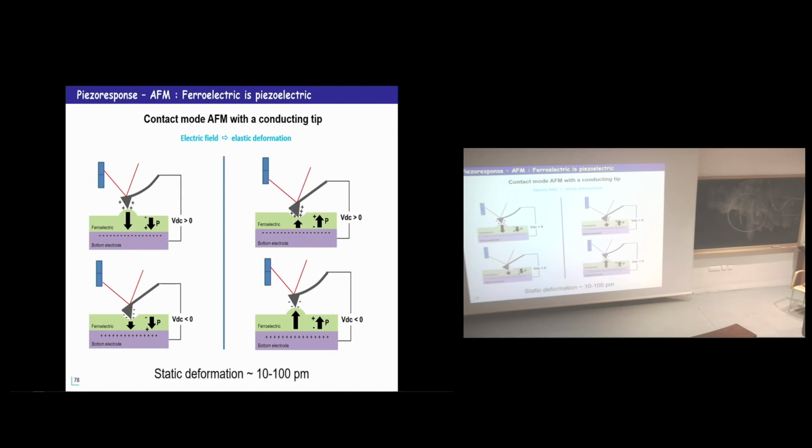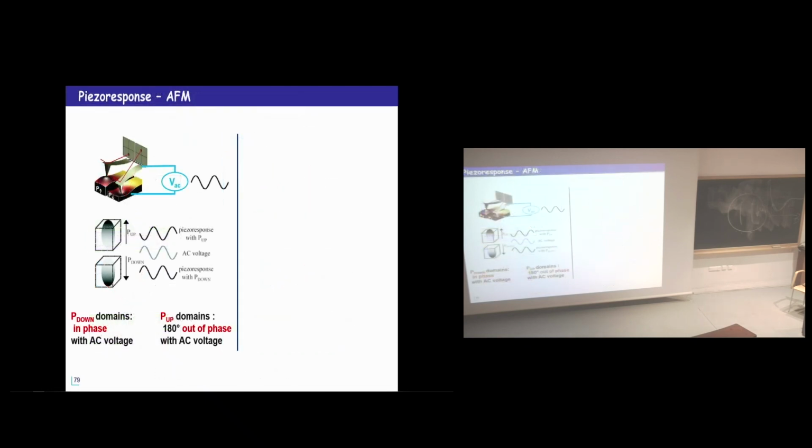This static deformation of the material is extremely small. If you remember the figure I gave you before, it's between 10 and 100 picometers if you apply 1 volt. So it's possible, it was done, but it's complicated. That's why people decided to switch to AC mode.